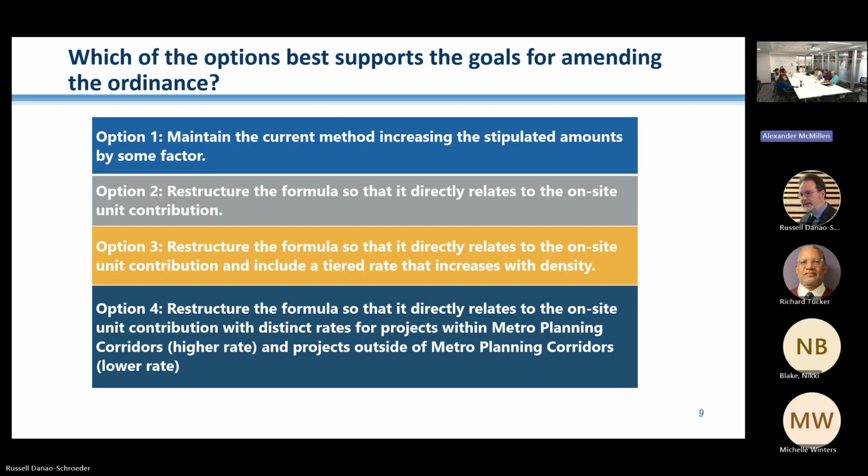But for numbers 2, 3, and 4, you could have an outcome that produces the same amount of AHIF as we've received over the last 20 years, or one that is greater. And obviously the intent, as stated earlier, is to try to achieve a more commensurate value for the cash contribution.